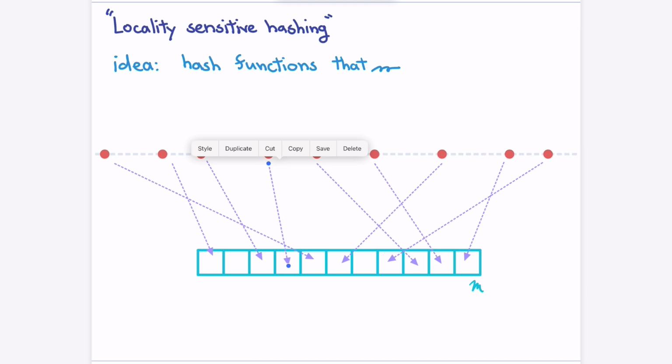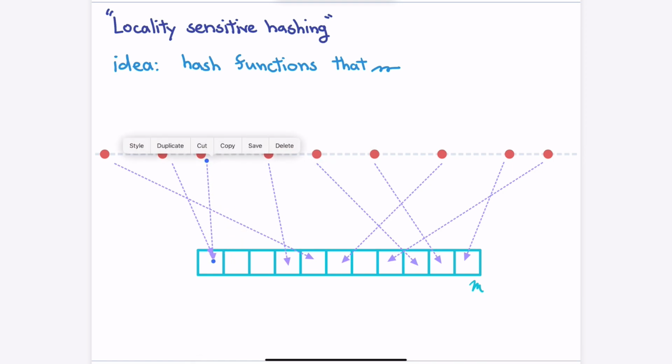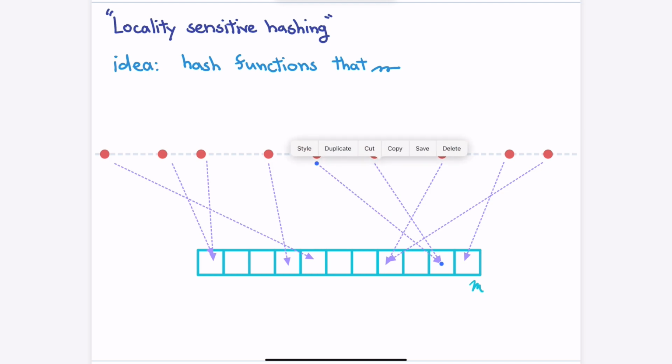But in this application, if we can get the nearby points to actually collide with slightly non-zero frequency, not perfect, but there's some correlation between where it is geometrically and where it gets hashed into, okay, now maybe something could work, right?